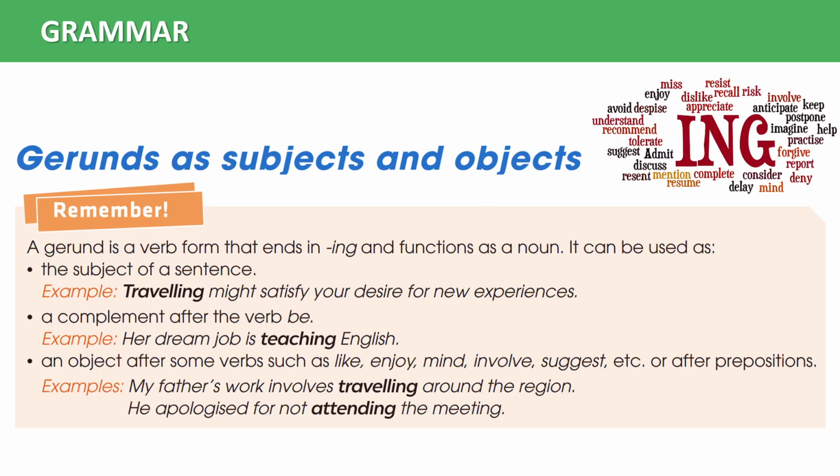Now, we'll be learning about gerunds as subjects and objects in the grammar part. Remember, a gerund is a verb form that ends in ing and functions as a noun. It can be used as the subject of a sentence, a complement after the verb be, an object after some verbs such as like, enjoy, mind, involve, suggest, etc., or after prepositions.